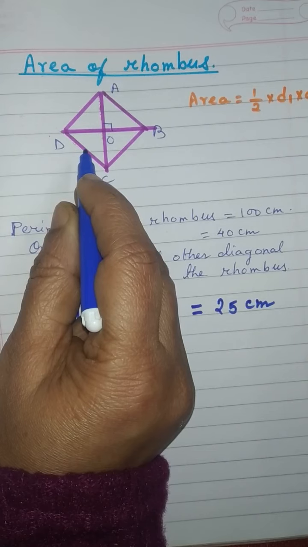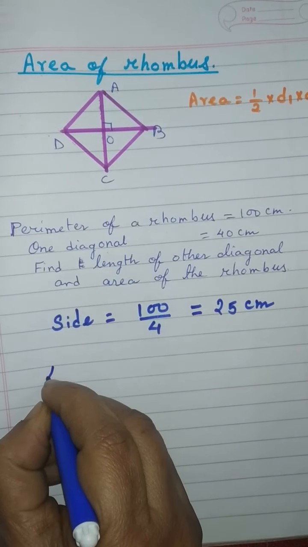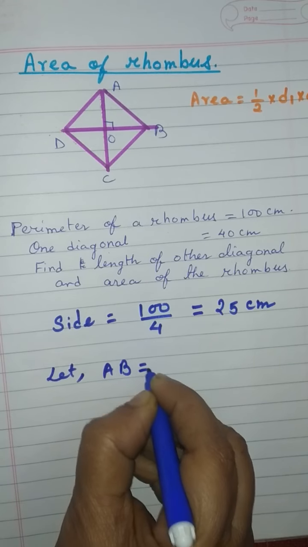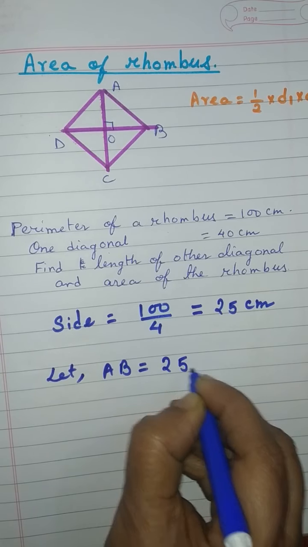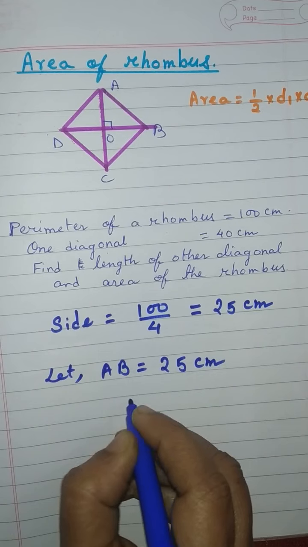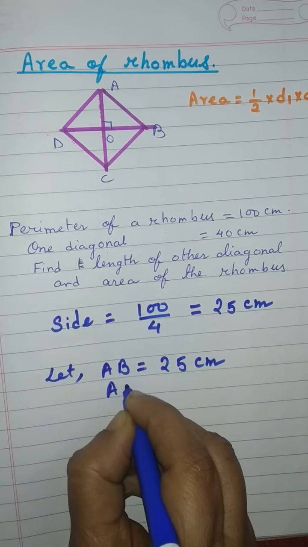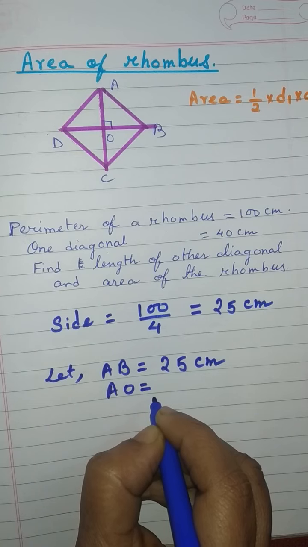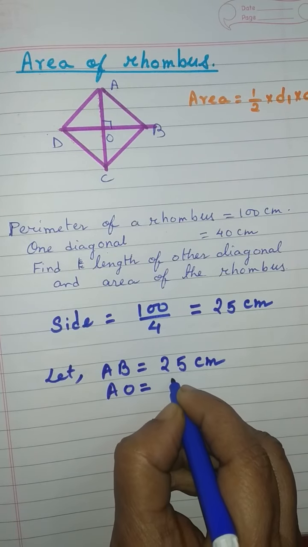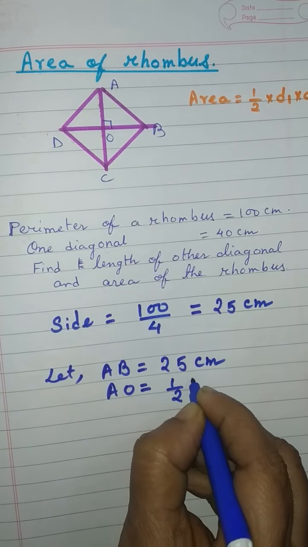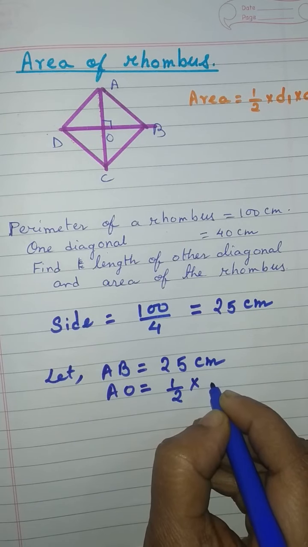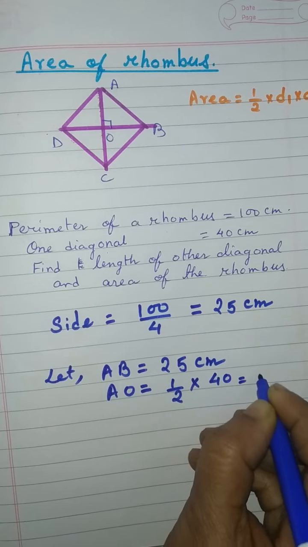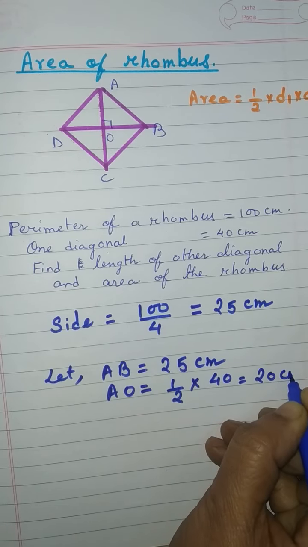If I consider this figure, all the sides AB, BC, CD, DA are equal. So we assume that AB is equal to 25 centimeter and AO is half of the diagonal AC. One diagonal 40 centimeter is given, so we assume that AC is equal to 40. So AO is equal to half into 40, which means 20 centimeter.